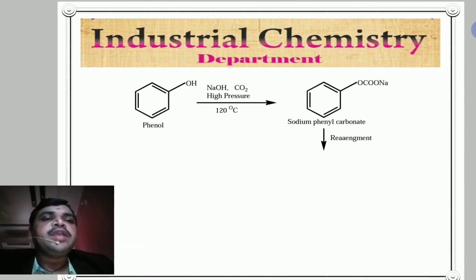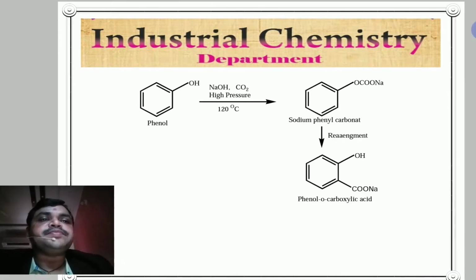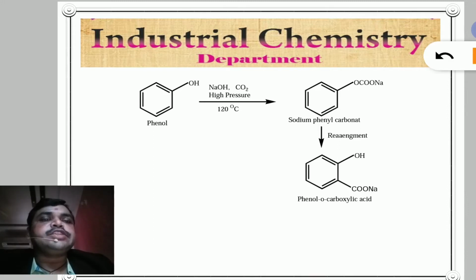Now, rearrangement of this sodium phenyl carbonate. We show here the rearranged structure: the COONa group from here and hydrogen from here are transferred, and we get COONa and OH, that is phenol orthocarboxylic acid.